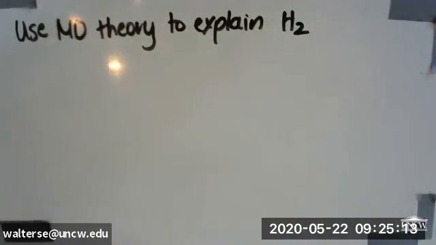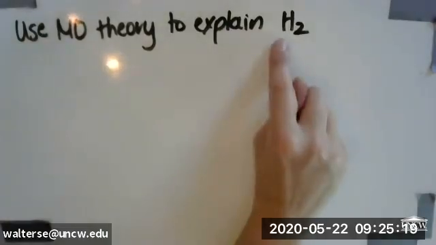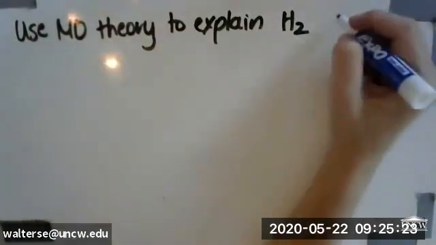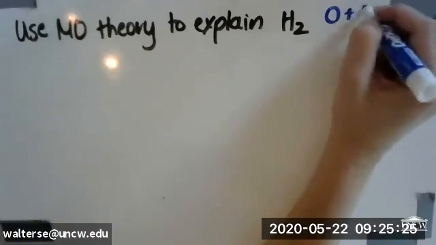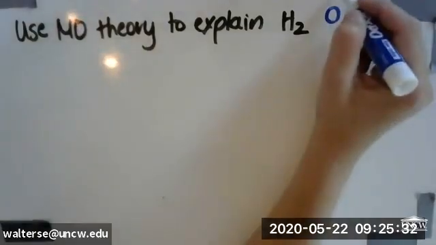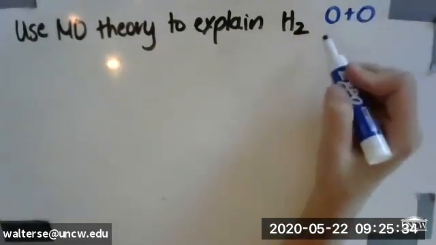When we use molecular orbital theory, we have to add and we have to subtract orbitals. Hydrogen has s orbitals. So we're going to look at what happens when we add orbitals, blue plus blue, and we're going to look at what happens when we subtract orbitals. There are two ways to write subtraction.